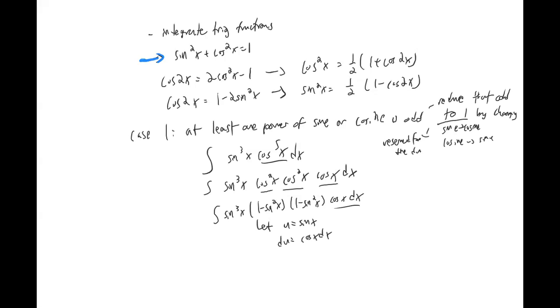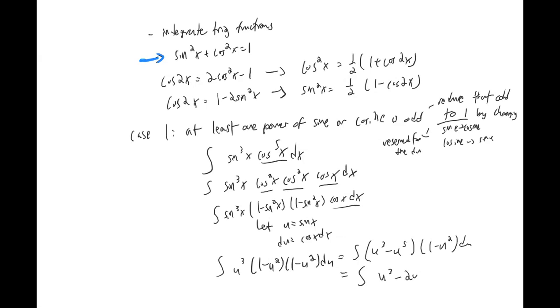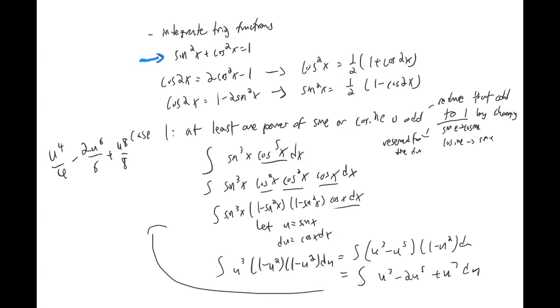So I have the integral of u cubed times 1 minus u squared times 1 minus u squared du. Now it's a much easier integral. Expanding gives u cubed minus 2u to the 5th plus u to the 7th. So I get u to the 4th over 4 minus 2u to the 6 over 6 plus u to the 8 over 8 plus C.